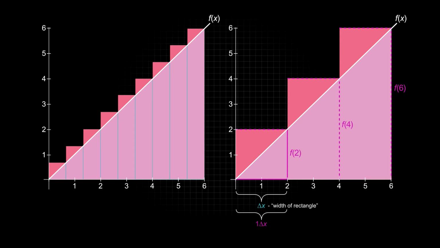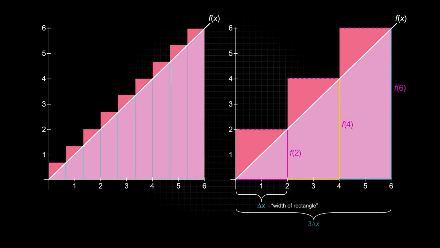So this gives us the first rectangle's x value for the height, the starting x value of our shape, which in this case is 0, plus the width of that first rectangle, delta x, which in this case is 2. But more importantly, we can observe the next rectangle is just 1 more rectangle width further to get the new x value. Similarly, we can do the same for the last rectangle.